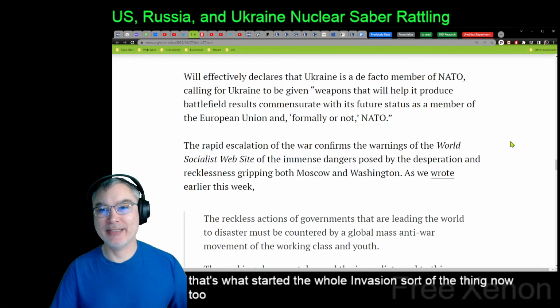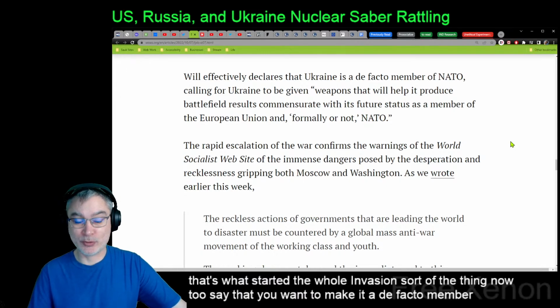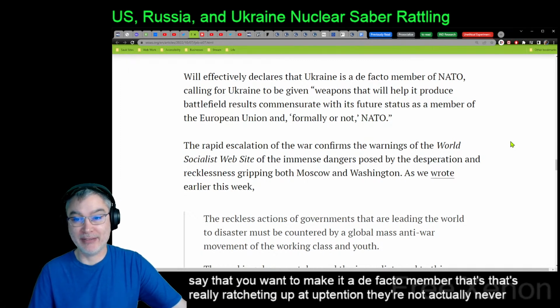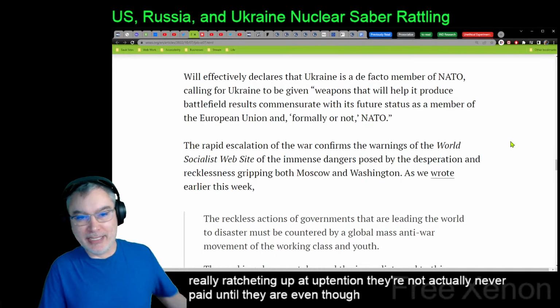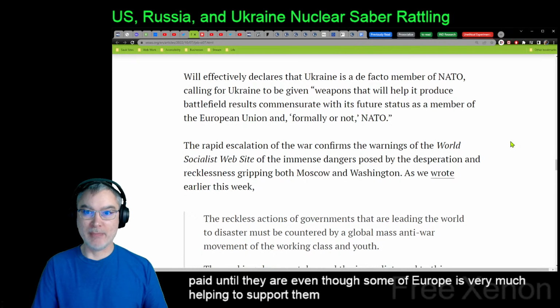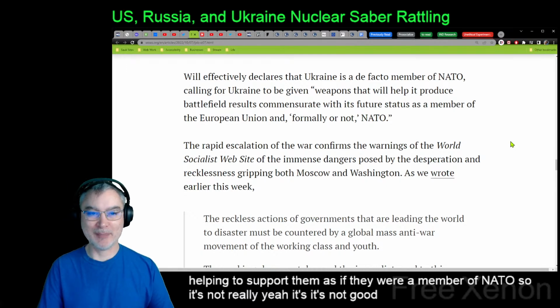Now, to say that you want to make it a de facto member, that's really ratcheting up tensions. They're not actually a member of NATO until they are, even though the United States and some of Europe is very much helping to support them as if they were a member of NATO. So yeah, it's not good. Nothing is good here. It's all bad.